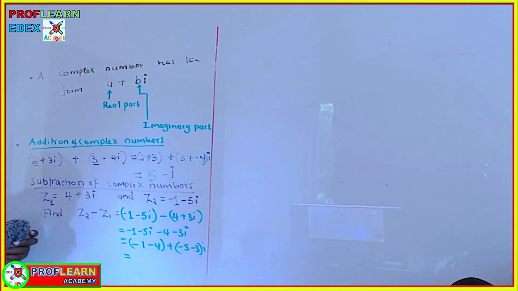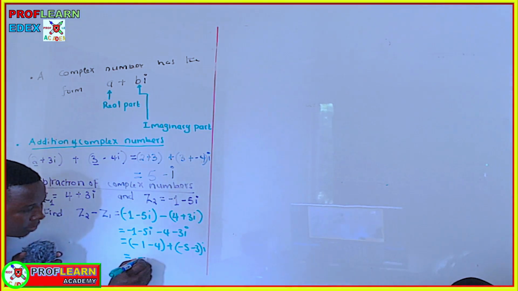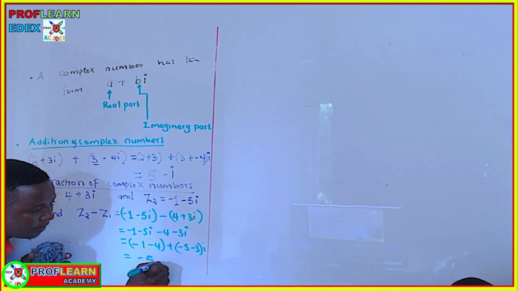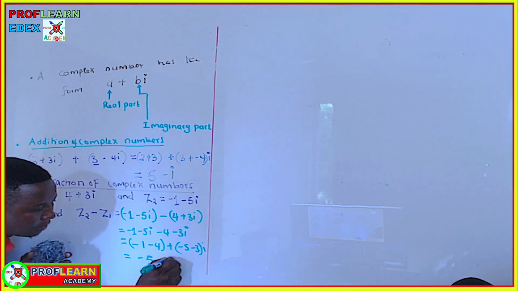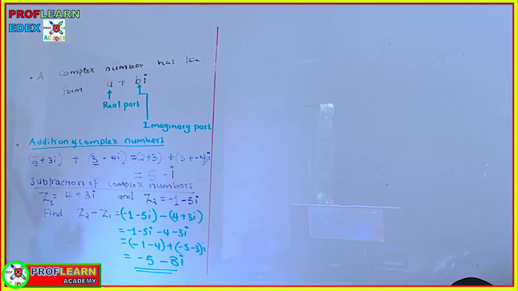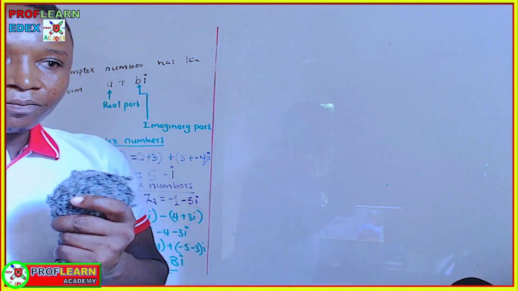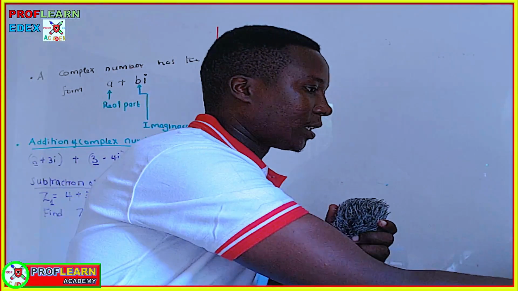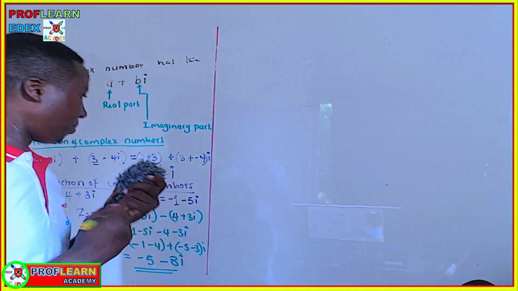If I work it out, I'm going to get negative 5, then minus 8i as our final answer. So that's what we are going to do as far as addition and subtraction of complex numbers is concerned.